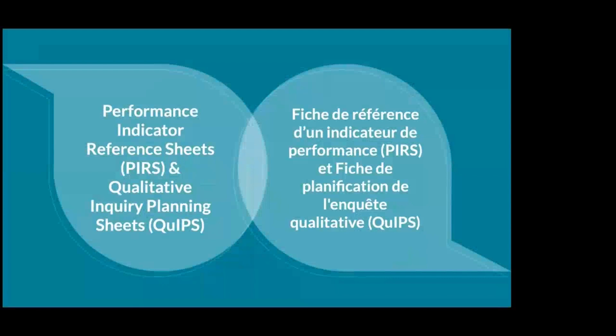So next I'll talk a little bit about the different reference sheets that we use. The PIRs are used for quantitative indicators, and the QUIPs, or the qualitative inquiry planning sheets, are for our qualitative monitoring and surveys.